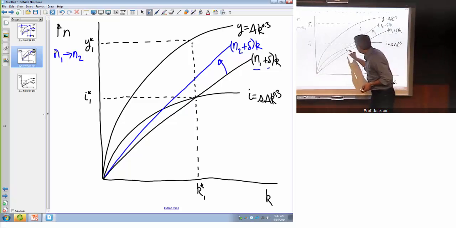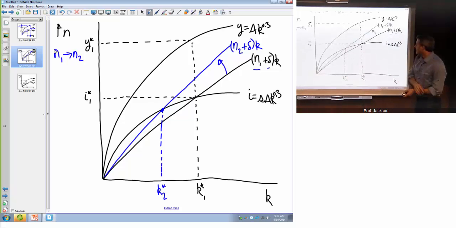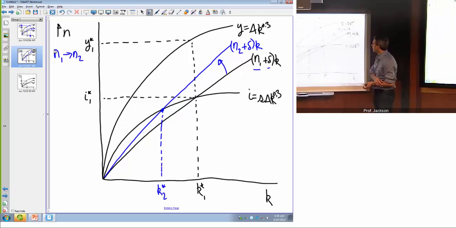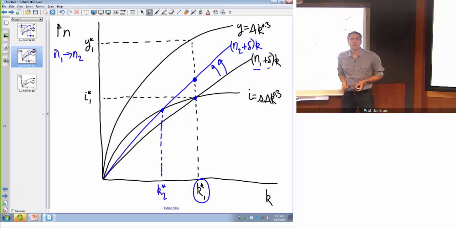In the basic interpretation, it's pretty obvious that you're going to have a decline in the steady state level of capital. Once this depreciation line rotates up, at the initial capital stock the amount of capital being depreciated away is greater than the amount being invested in new capital equipment.